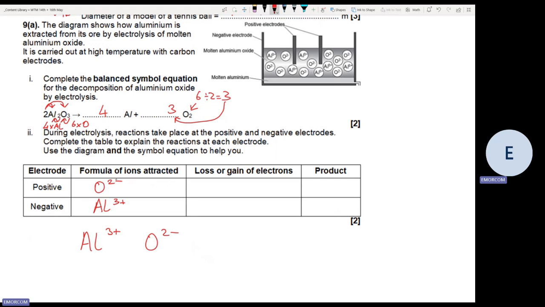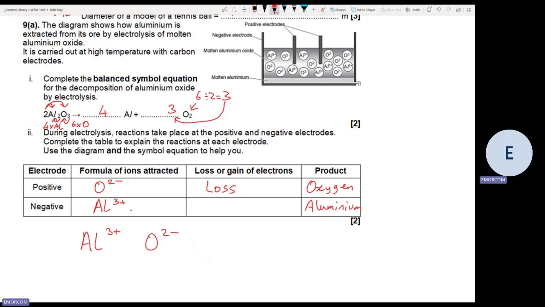Well, my O2- has got to turn into oxygen. And it's currently negative, and it's got to end up neutral. So it's got to go back to being a normal element, which means it's got to give up or lose. So I write loss in here for the electrons, whereas my Al3+ has got to turn back into aluminium.